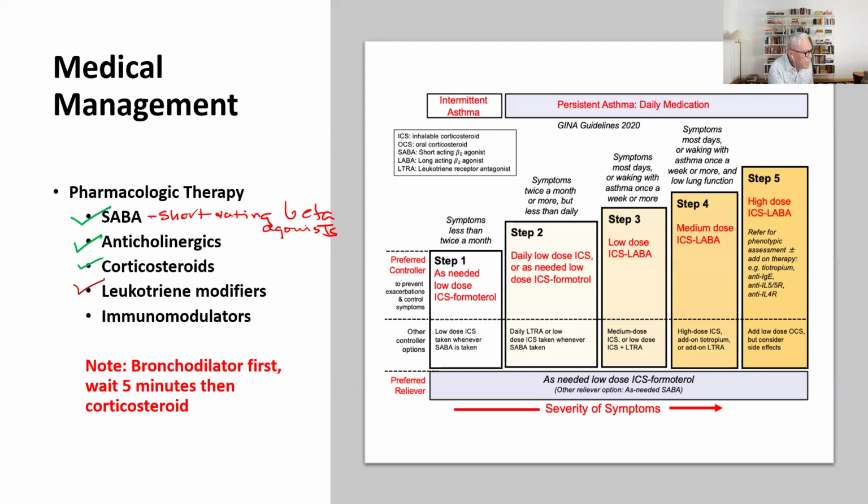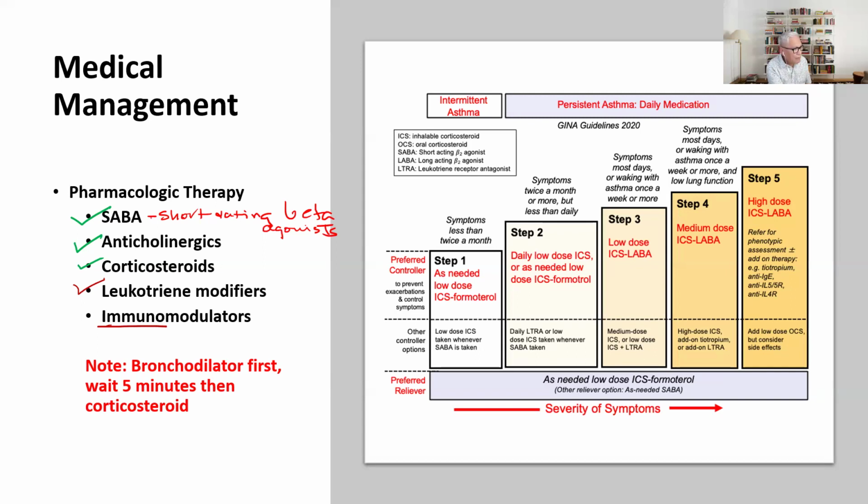Immuno, meaning to say that they're going to modulate the immune system. And they are actually drugs that prevent IgE from binding. And therefore, if you stop IgE, you're now going to stop the inflammatory process.